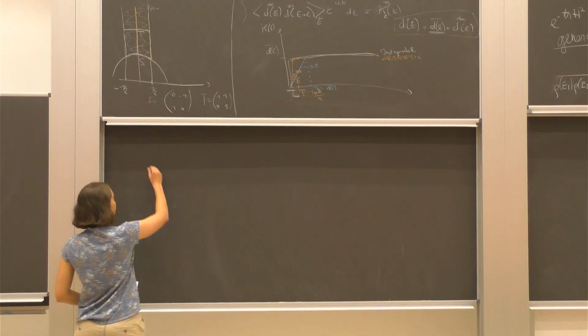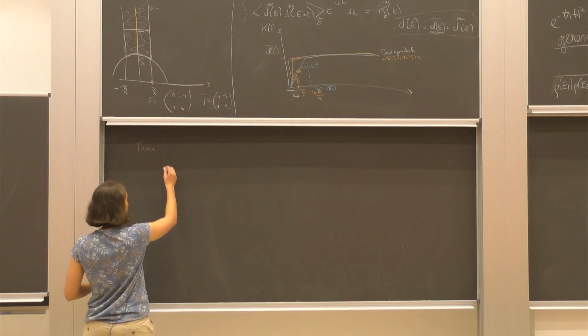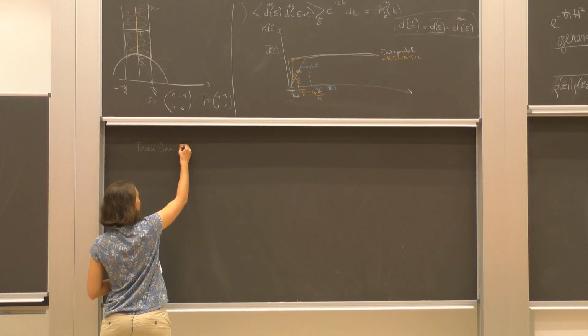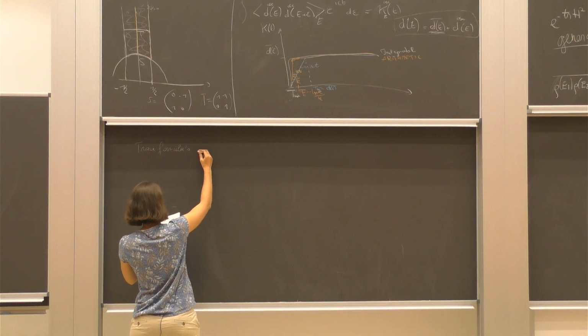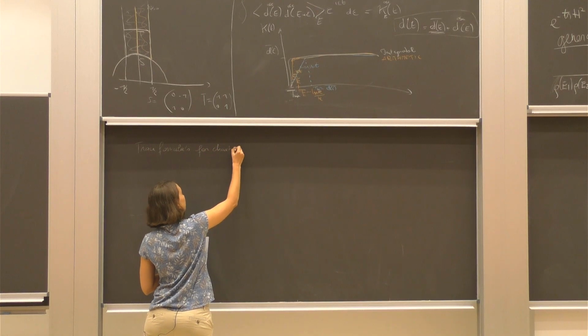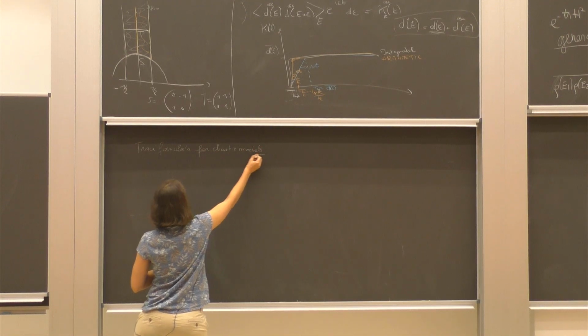But let me write down the trace. These things are called trace formulas. The name should become clear at some point, but it's not clear yet. Let's write it down first for chaotic models, the generic version of this formula.